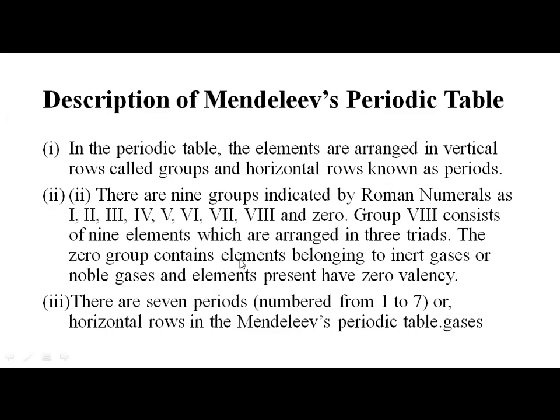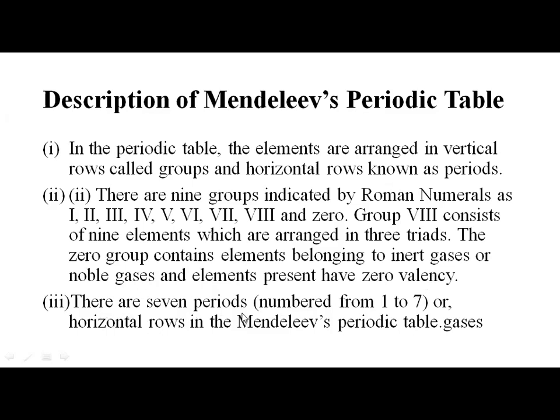The zero group contains elements belonging to inert gases or noble gases, and these elements have zero valency. Their valency was zero. Understood? So this was the arrangement of Mendeleev's periodic table.